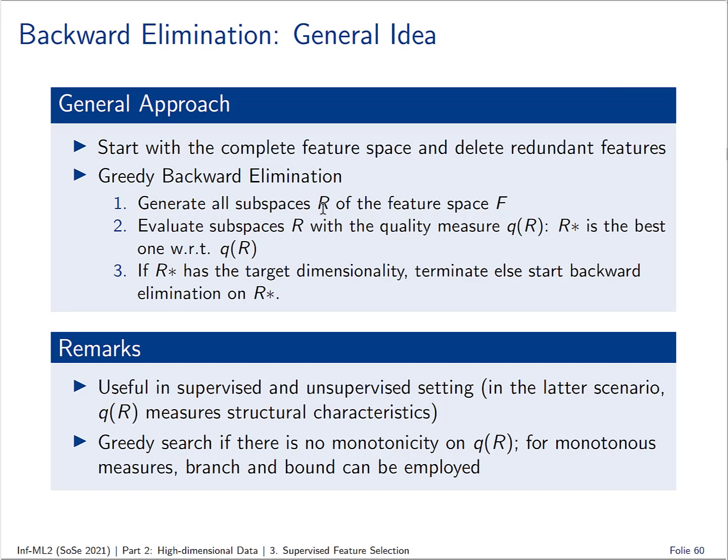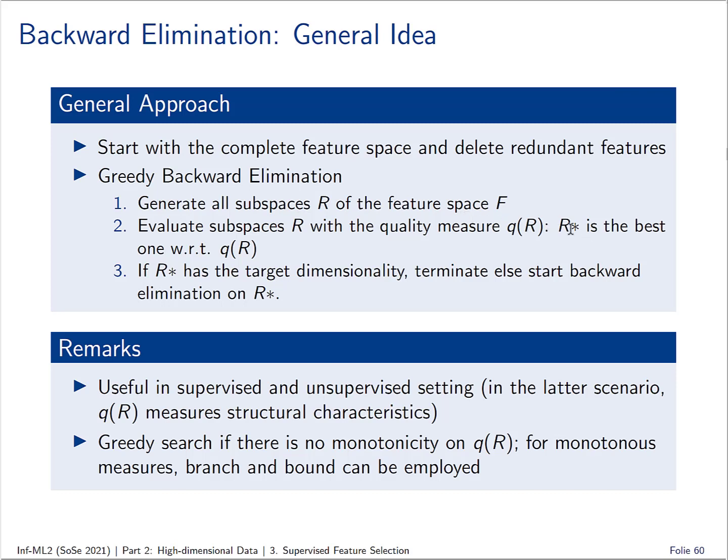that is, all projections whose dimensionality is one less than the one we started off with. So if d is the dimensionality of F, we generate all d-1 projections of this feature space F, and then we evaluate all these d-1 dimensional subspaces with a specific quality measure. We talked about different quality measures before.